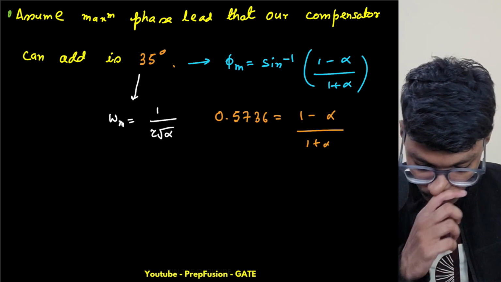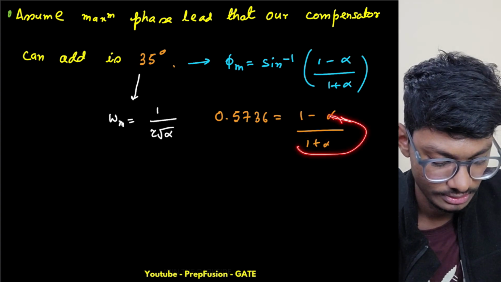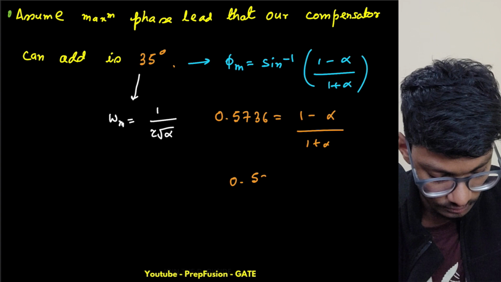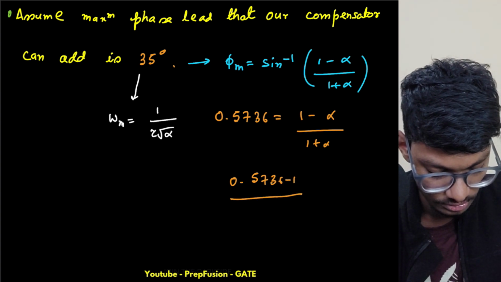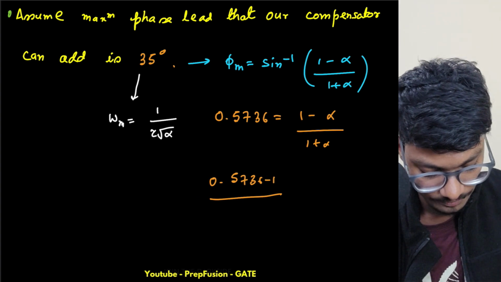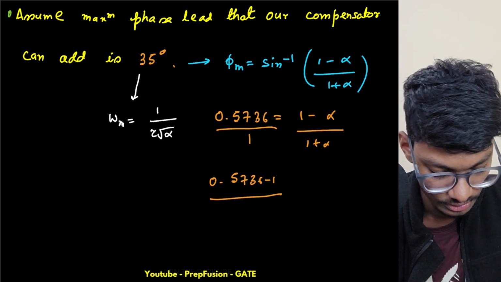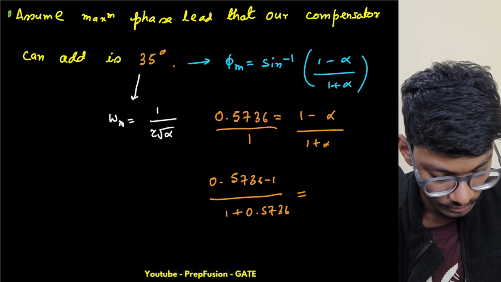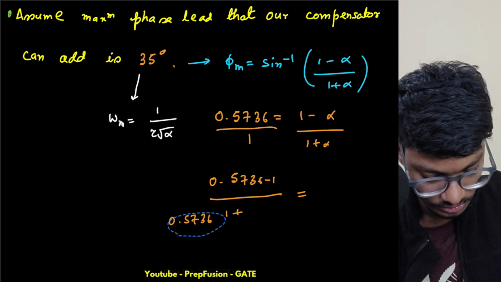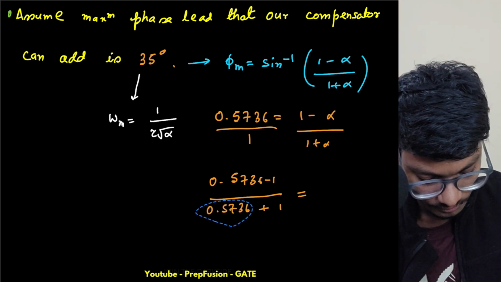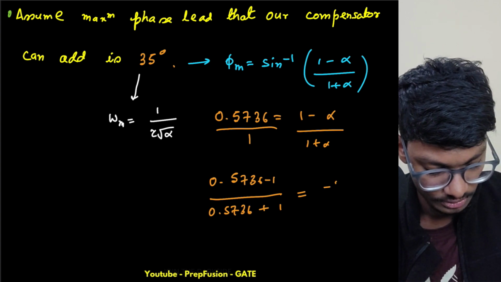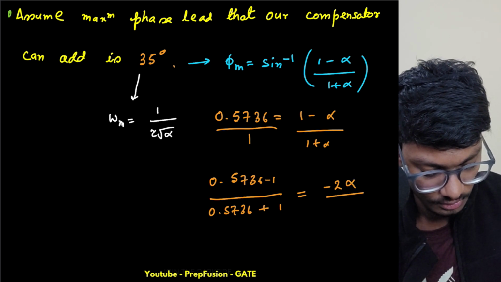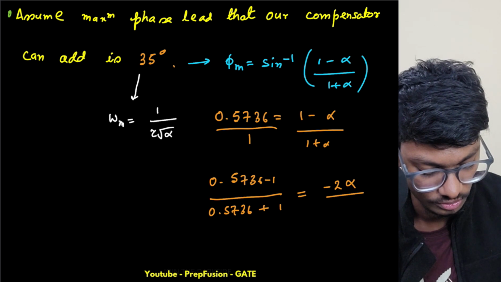What I can do is subtract this and add this in the bottom. By subtracting, 0.5736 minus 1, basically componendo and dividendo, over 1 plus 0.5736 equals minus 2 alpha over 2.